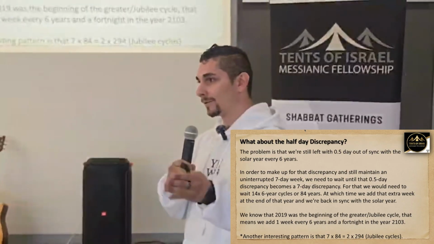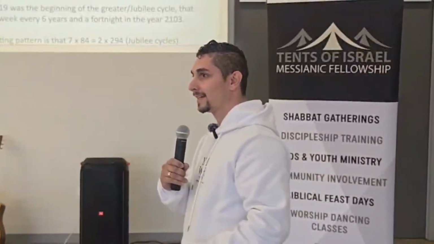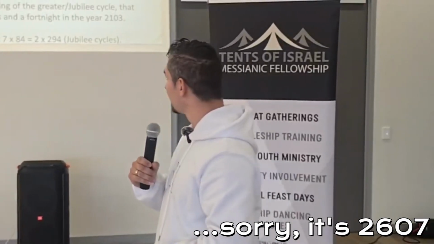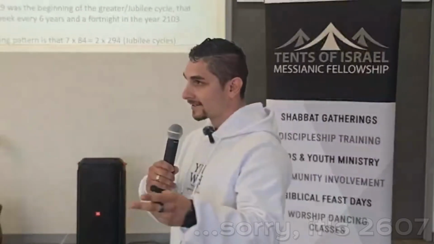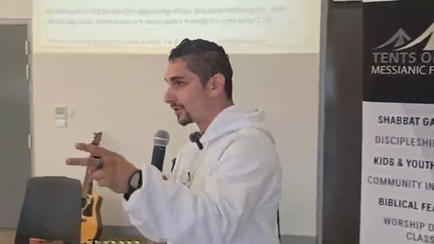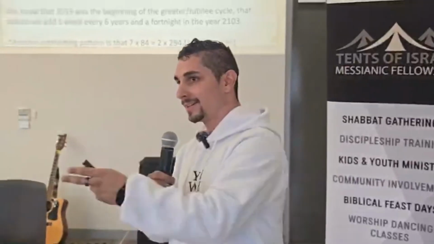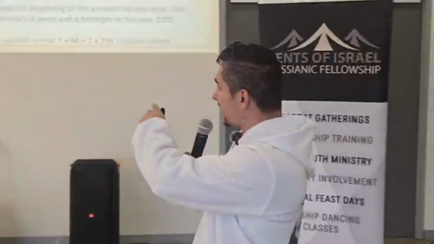In 2019, if you add 84 7 times, it takes you to 2,603, I think, which is basically the same as if you did 2 lots of Jubilee cycles. So that's how they stay in sync. Every 2 Jubilee cycles. That's how we got to 2019. That was the second Jubilee cycle.